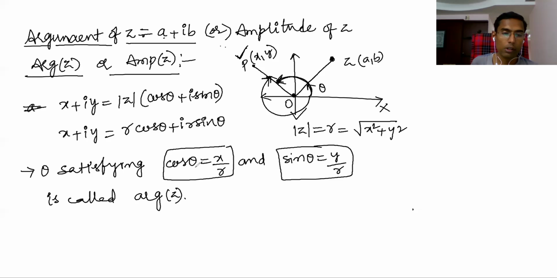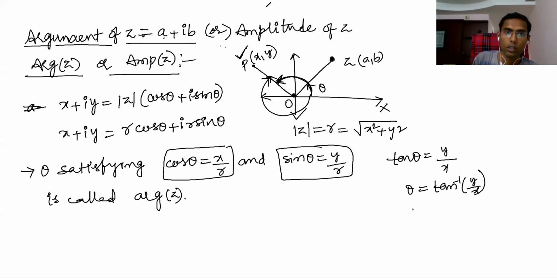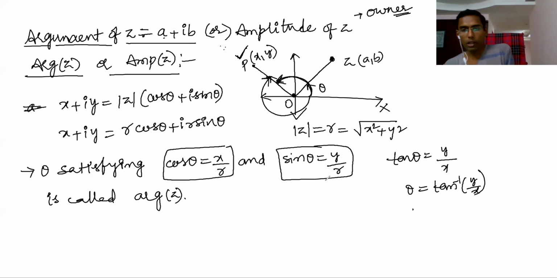Automatically this means tan theta equal to y by r divided by x by r, which is y by x, so theta equal to tan inverse y by x. Can we write like this? You may say this. So this is the theta satisfying cos theta equal to x by r, sin theta equal to y by r. This theta is called the argument.